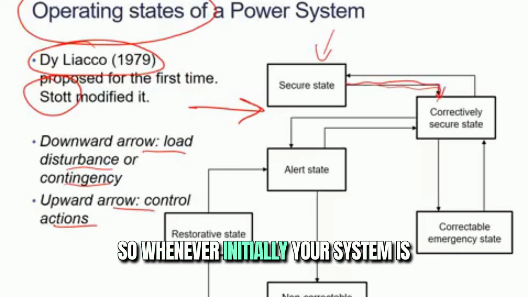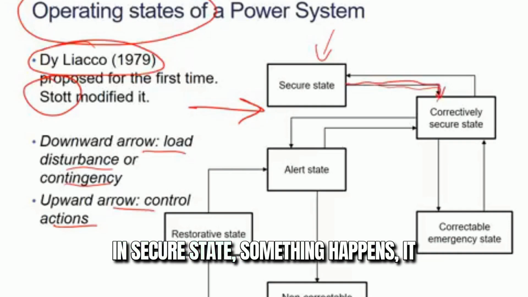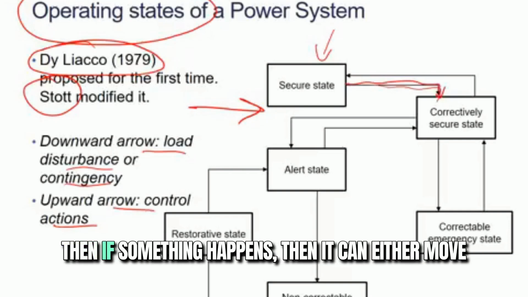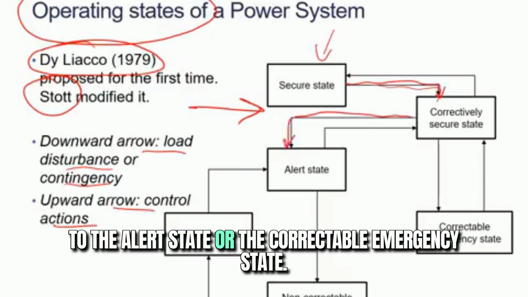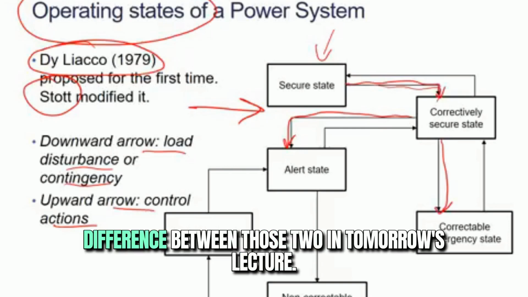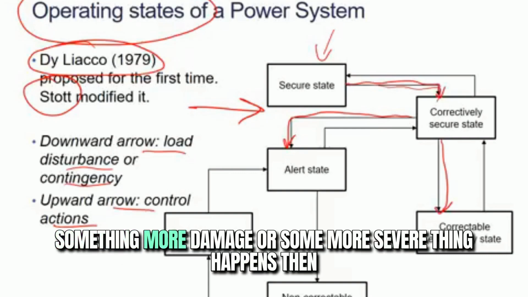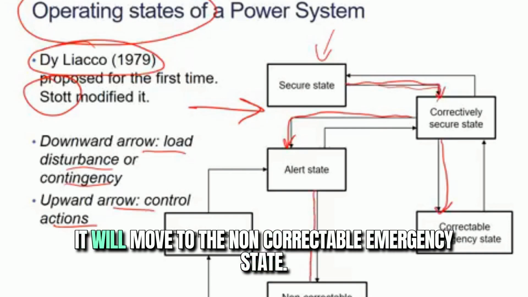Whenever your system is initially in the secure state and something happens, it moves to the correctively secure state. Then if something happens, it can move either to the alert state or the correctable emergency state. We'll see the difference between those two in tomorrow's lecture. And if it is in the alert state and something more severe happens, it will move to the non-correctable emergency state.